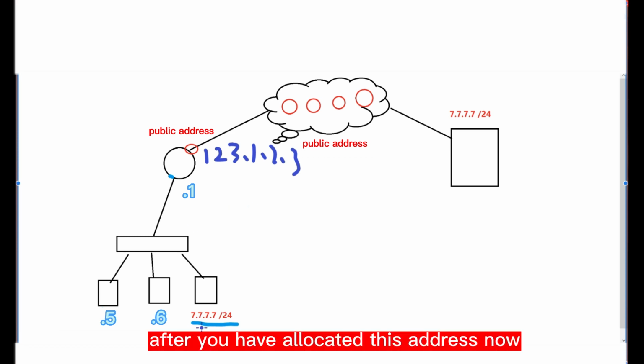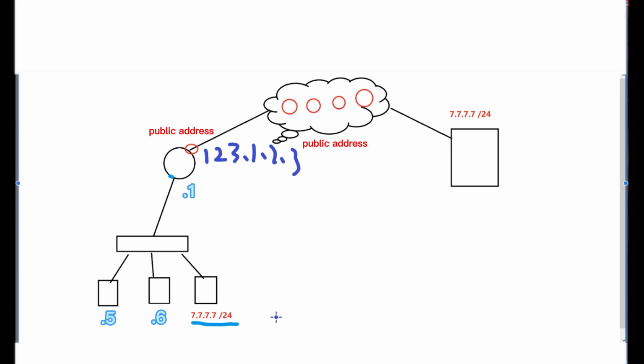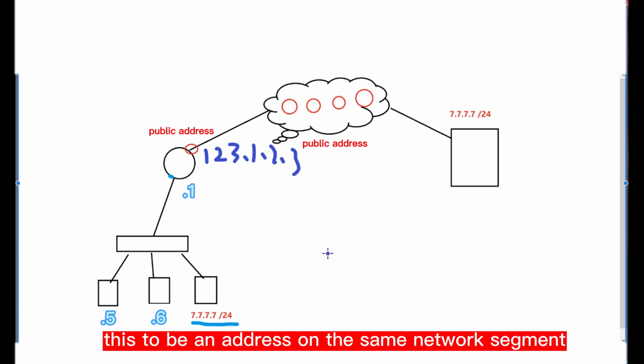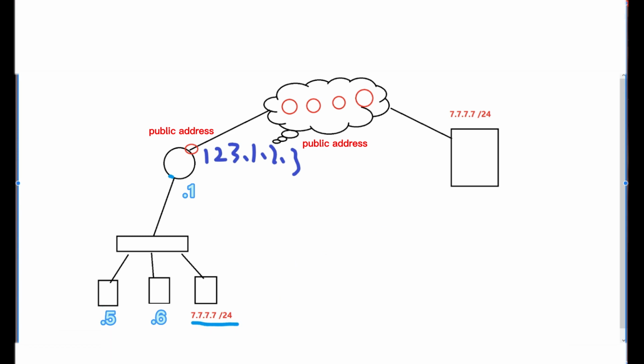After you have allocated this address now, it will be a rather embarrassing thing, due to your current address and Google's address. When you encapsulate the data, by default, it will consider this to be an address on the same network segment. How are you sending the package now? The source IP is yourself.